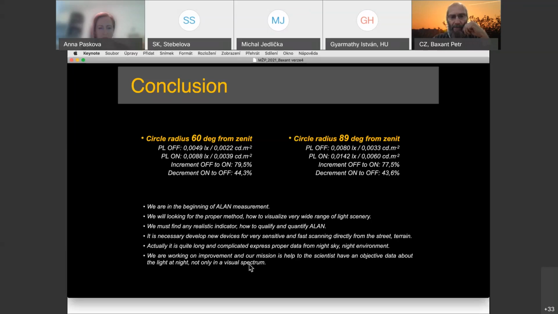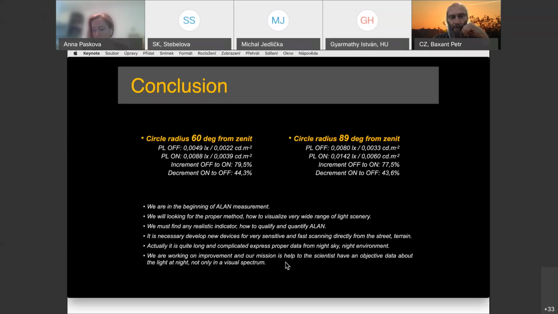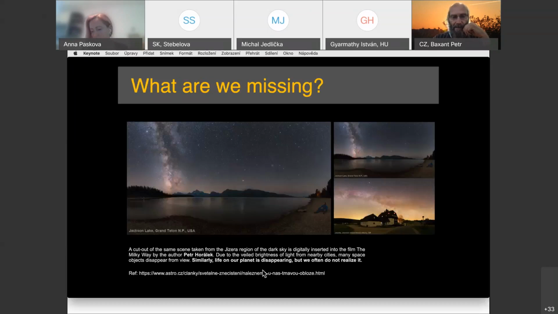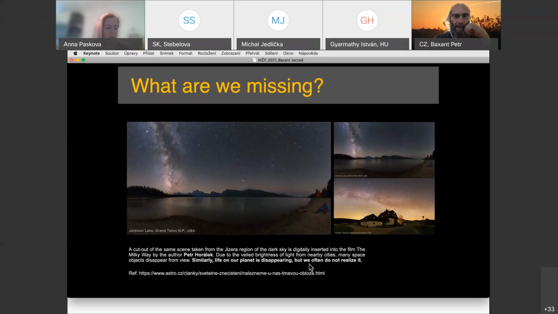So the spectral sensitivity of the devices should be changed to the spectral sensitivity of concrete species or organisms in an environment. So this is maybe something to think about, what we are missing.